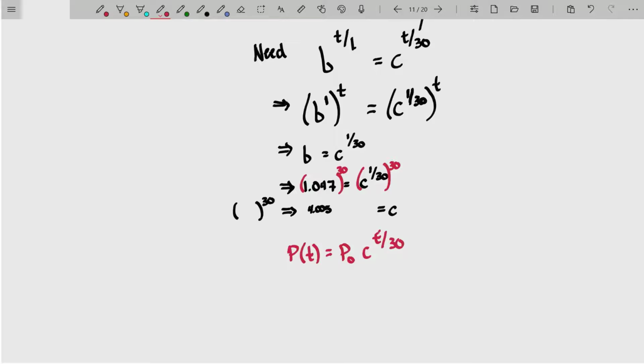If you let t equal 30, you would see that you would have c to the 30 over 30, or c to the first, or just c. That gives you the full power of c to multiply your population by. So c itself is your once per month growth factor. And so when they ask what's a monthly growth factor, well, that's pretty nice to write down now.